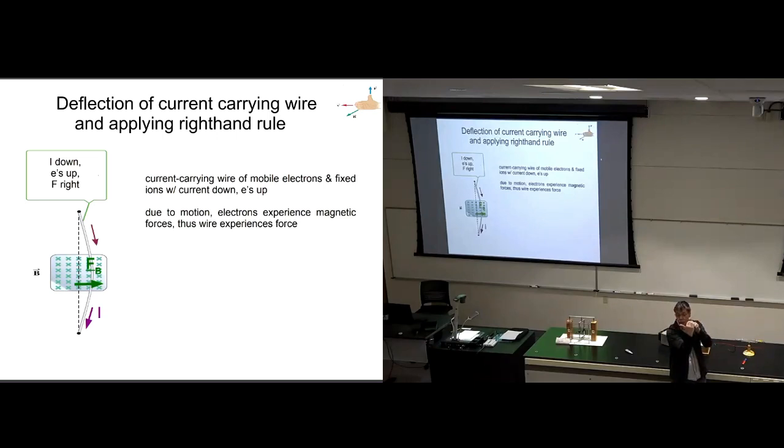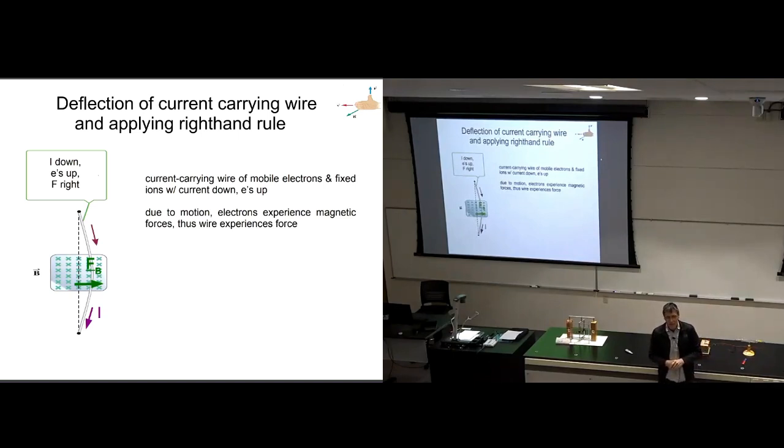That would be the force on a positive charge carrier towards the left, but my electron that's experiencing this force is negative, so the force on each electron is towards the right. And all those little forces on all those little electrons towards the right accumulate to create this net force on the wire that is also towards the right.